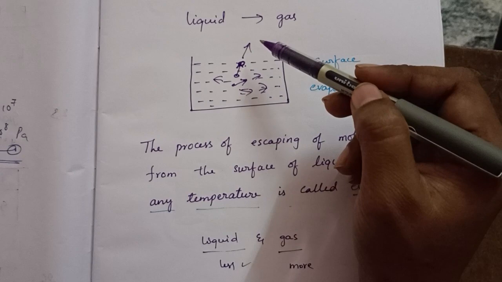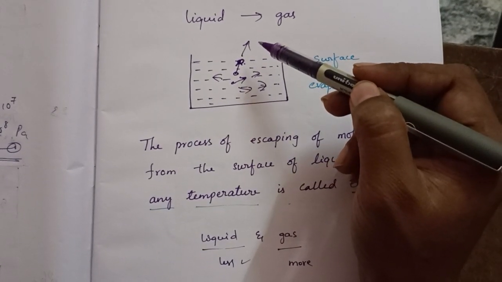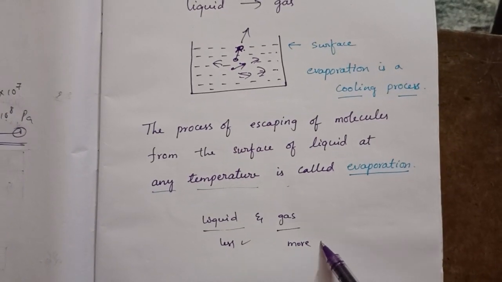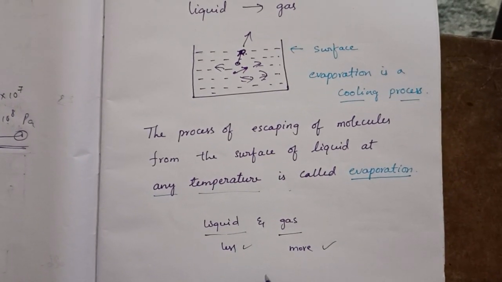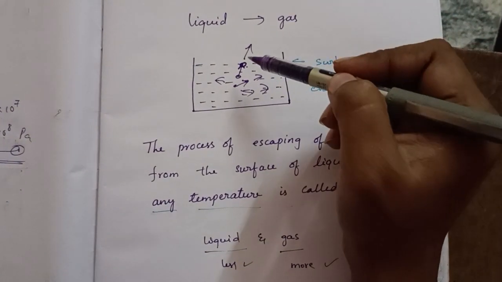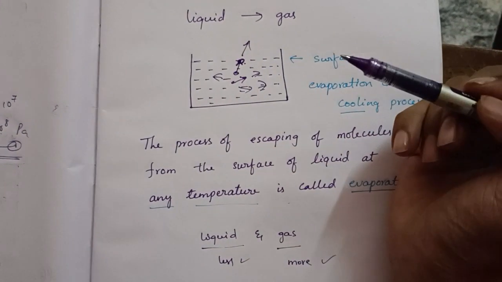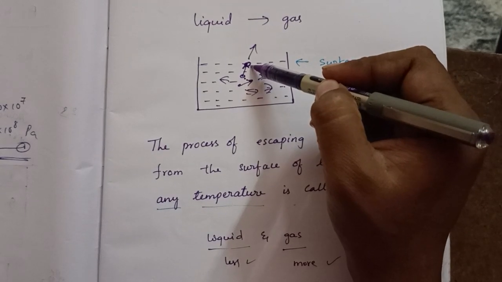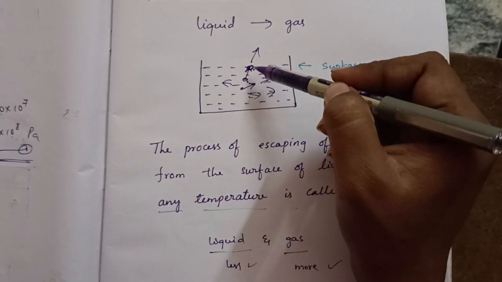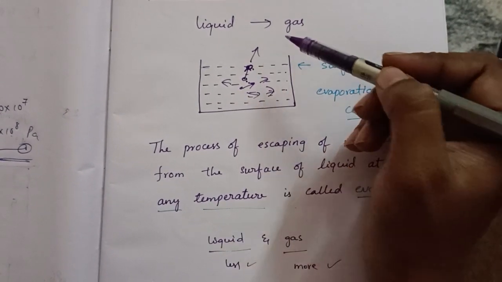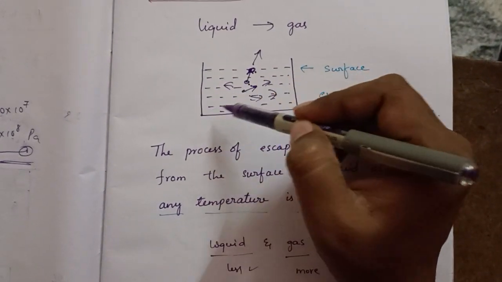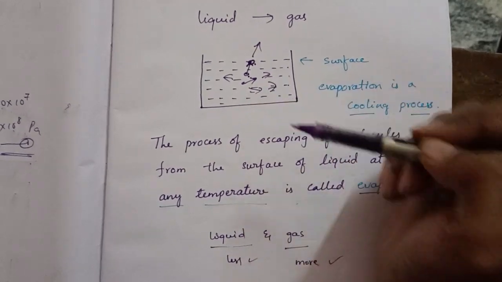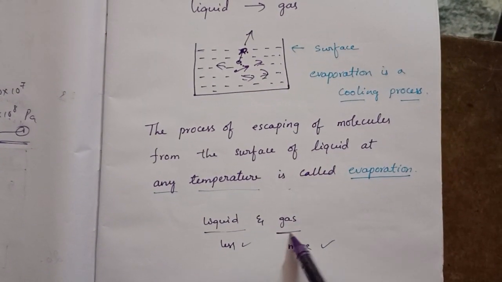After converting into the gas state, it requires more heat energy. That extra heat energy is given by the other molecules. Here this molecule collides with this molecule, takes the energy and flies off. So the surroundings temperature will be reduced.